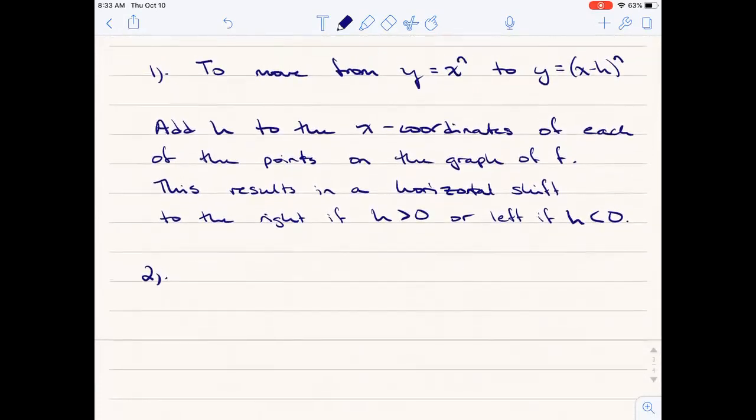Now where we're at is y equals x minus h to the n. Next we're going to multiply by a, to get a times x minus h to the n.